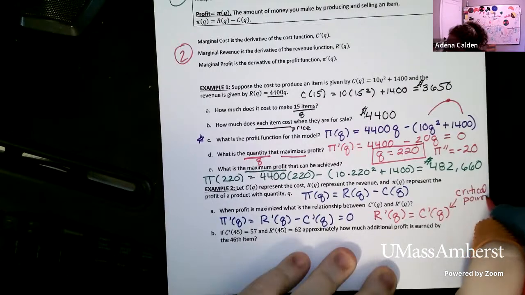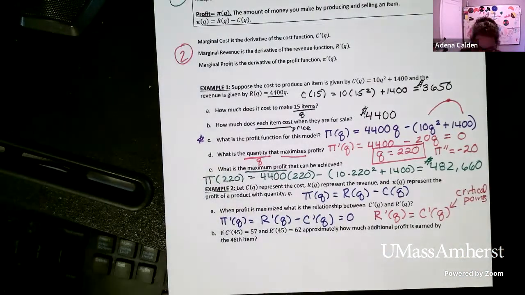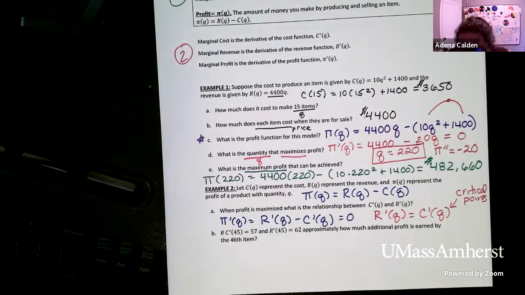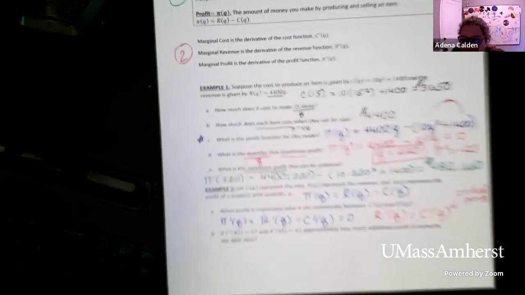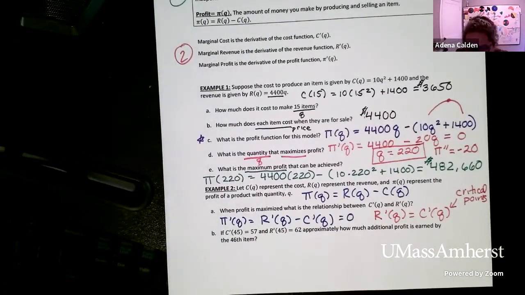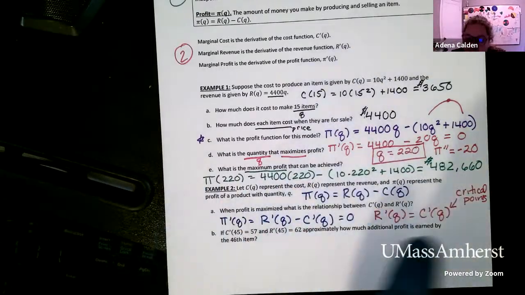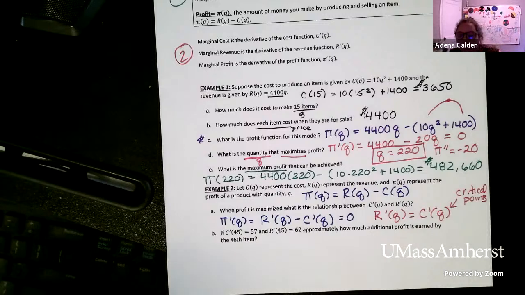Since there's no other information about endpoints, we know that if we have a function that is maximized, at that point, R prime of Q is going to equal C prime of Q, right? Just from thinking about this generally, in a more higher level conceptual way.